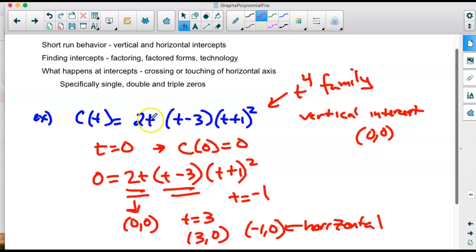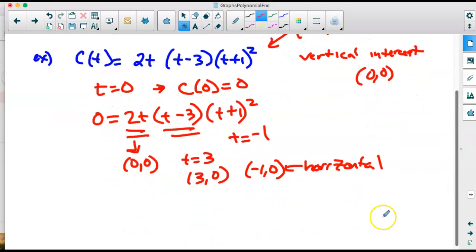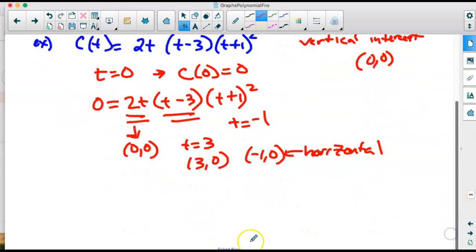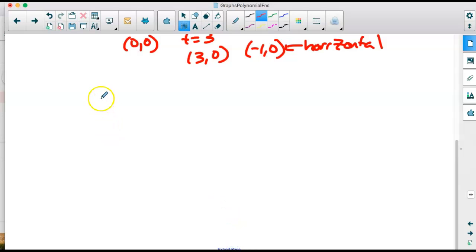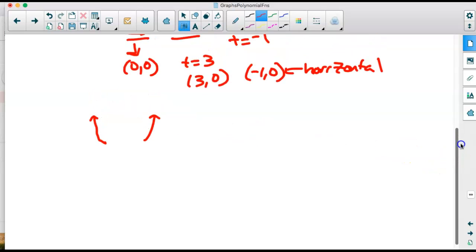And it's positive, because if we multiply this term and this term and this term, we get a positive value. So it's a positive t to the 4th value term. So what that's going to look like is it's going to look like this. It's going to go up on both sides because it's even and it's positive.